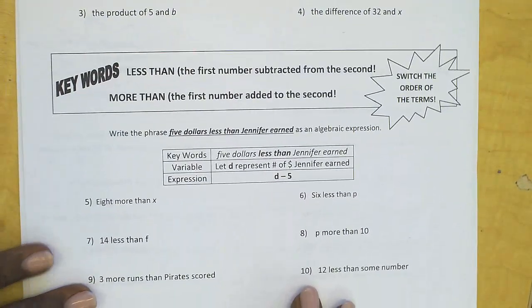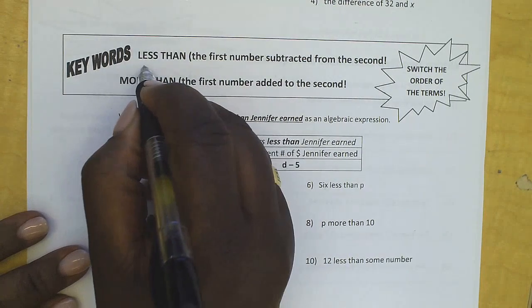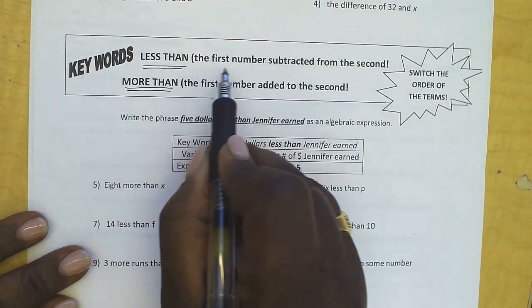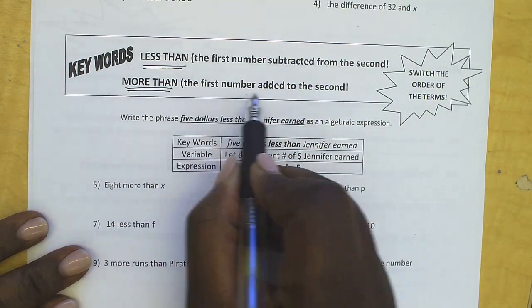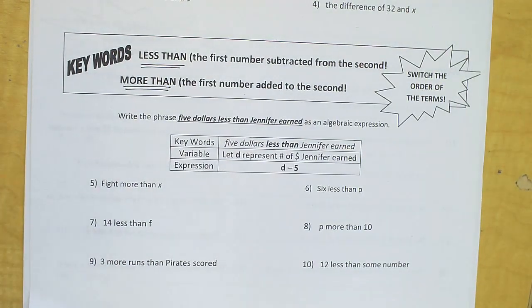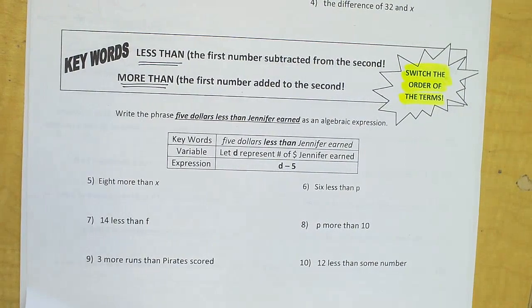Now, let's go to the second part of our video. Keywords: less than and more than. Less than: the first number subtracted from the second. More than: the first number added to the second. The key here is to switch the order of the terms. This is very important.